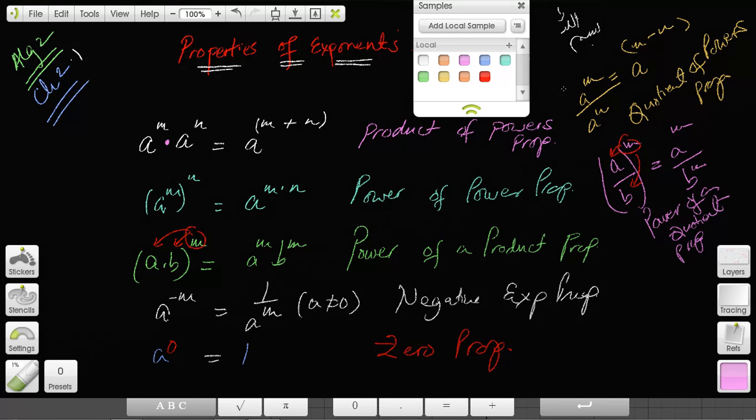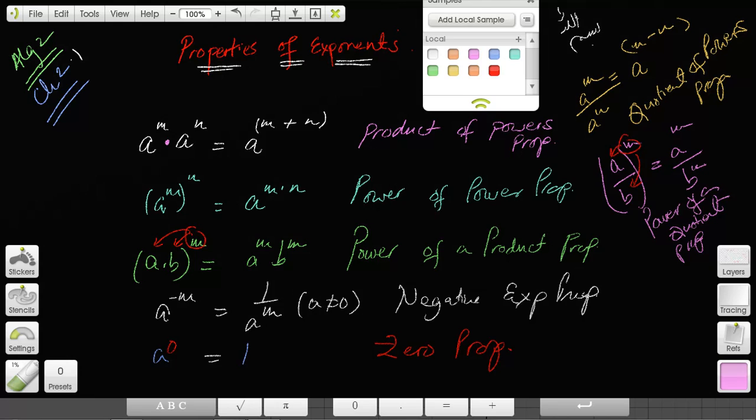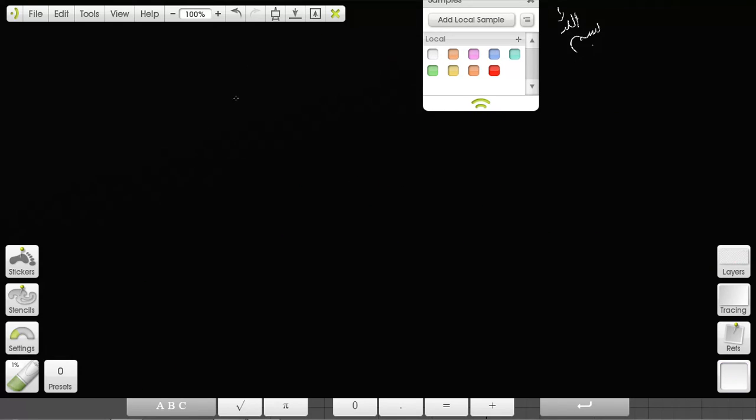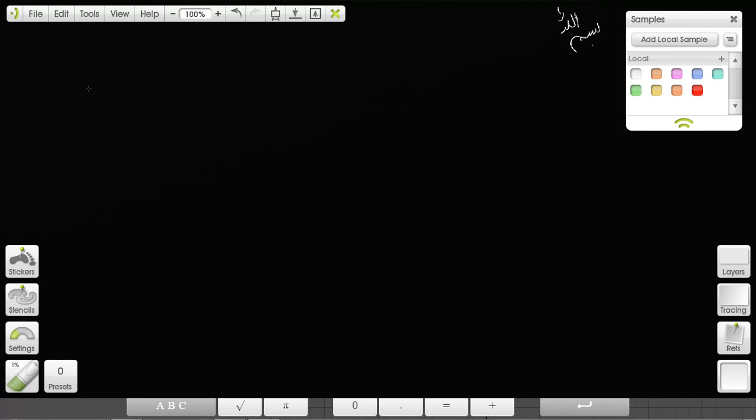All these names are pretty intuitive, I believe. But please pay attention to this and repeat it. Try to say this to yourself several times and be comfortable with them. As a summary then, I'm just going to write the rules over here.